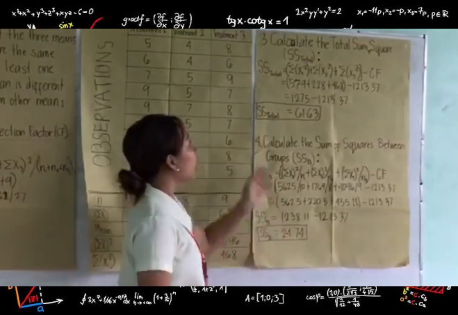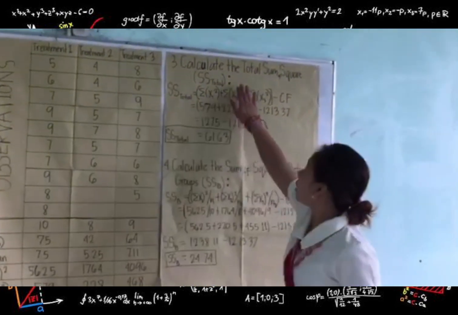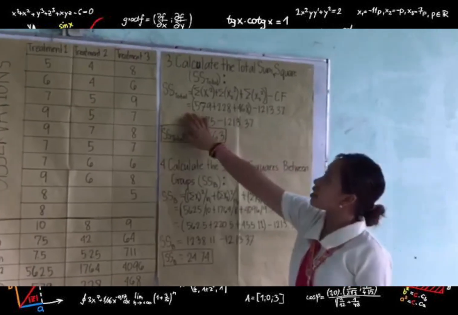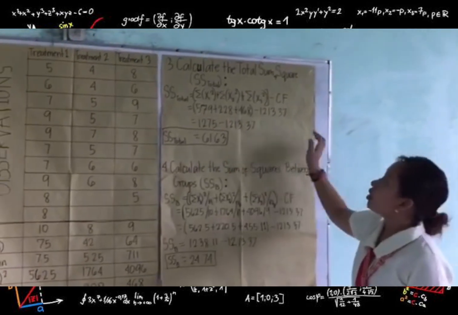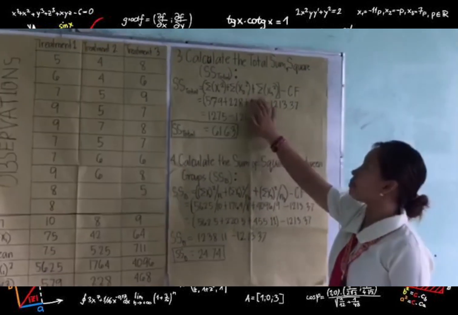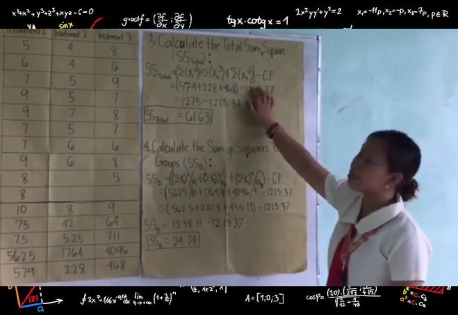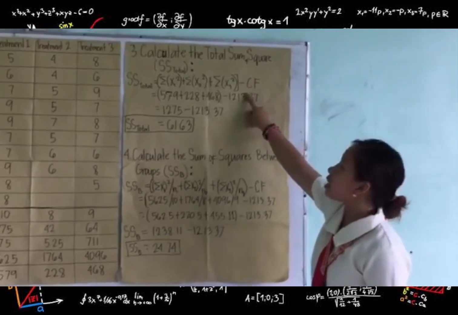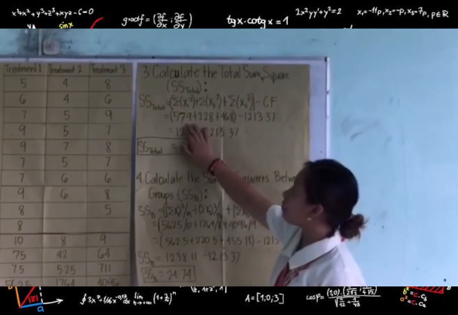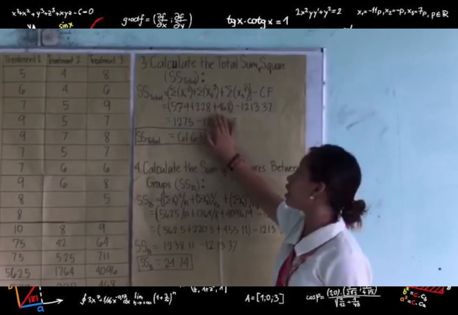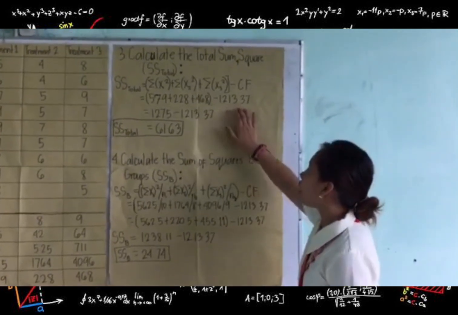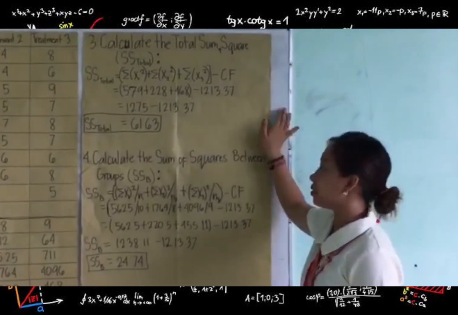For the next step, calculate the total sum of squares or SS total. SS total equals the total of x sub 1 squared plus the total of x sub 2 squared plus the total of x sub 3 squared minus the correction factor, equals 579 plus 228 plus 468 minus 1,213.37.